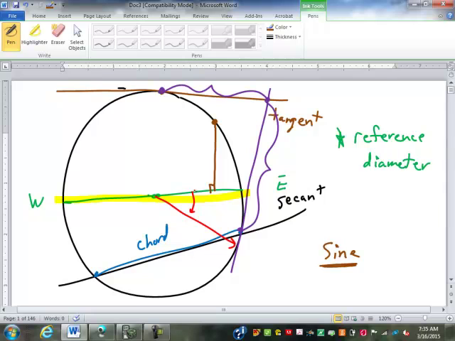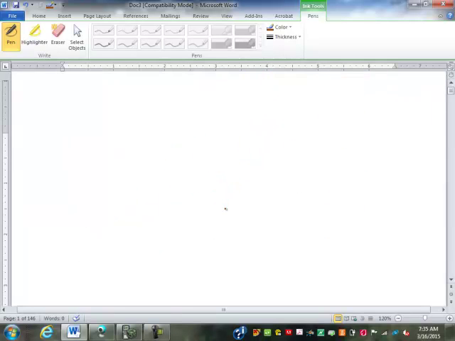So now some of these words might be sounding familiar. Sine, tangent, secant might not be quite as familiar for those of you that have had trig. So the question is, how does this all tie in? First of all, when we're talking about circles in trig, we're talking about something called a unit circle.